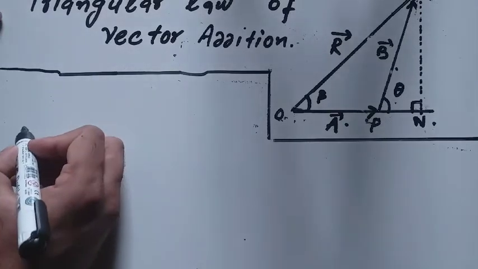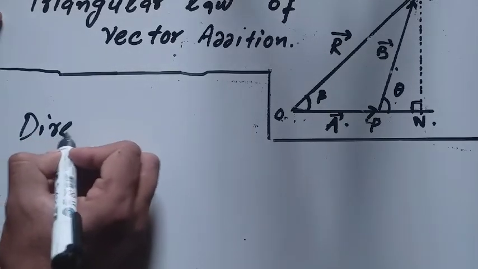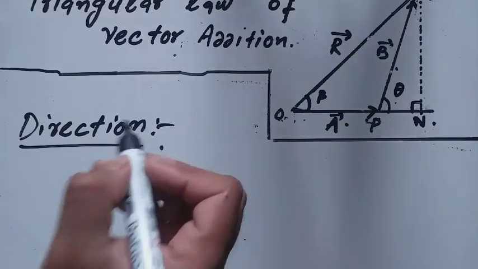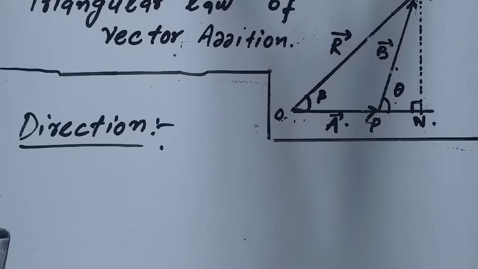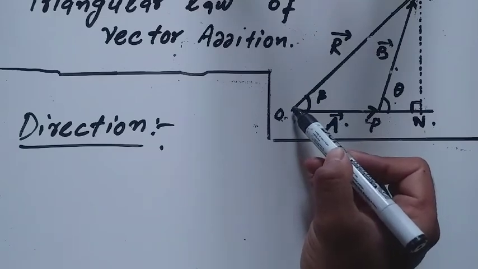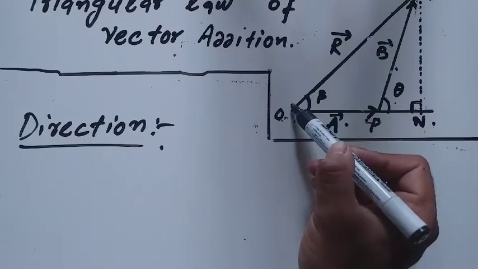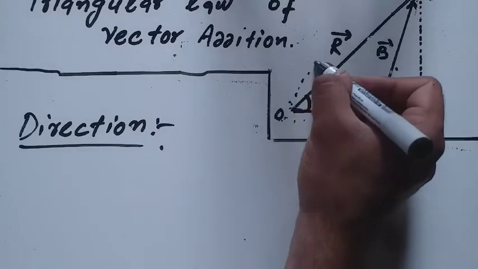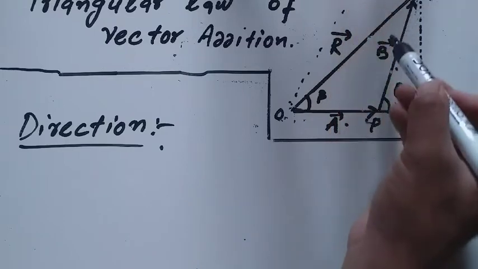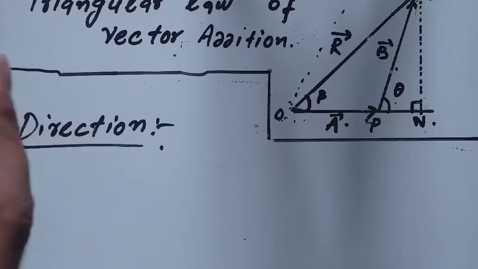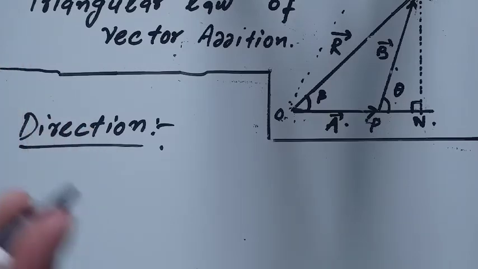Now direction. Now how can we find the direction? The direction gives us this angle, because if this angle increases, the new direction will be in this way, and when this goes in this way, we get some change in theta, that's in angle, and this angle also changes our direction.